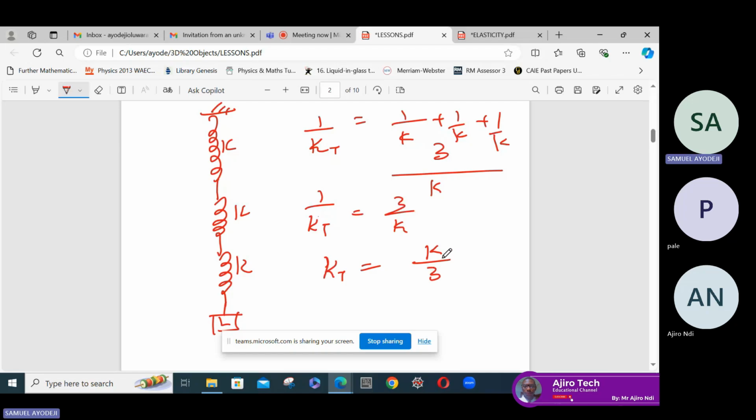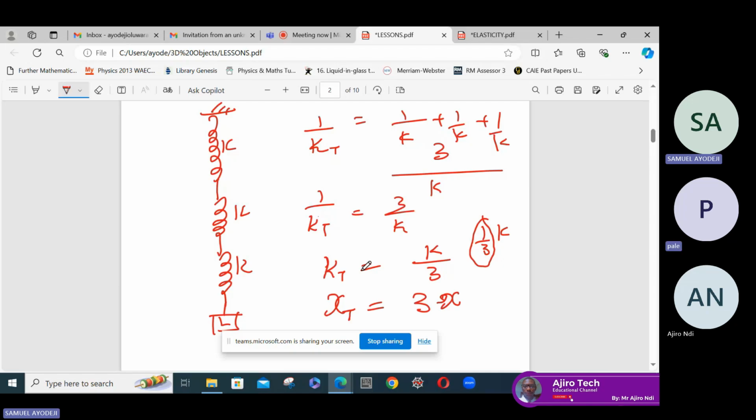Do you get it? Yes, sir. Now, to calculate the total extension, just do it this way. K total is K over 3. What's the inverse of 1 over 3? It is 3, so that means 3x. Just change it to x.